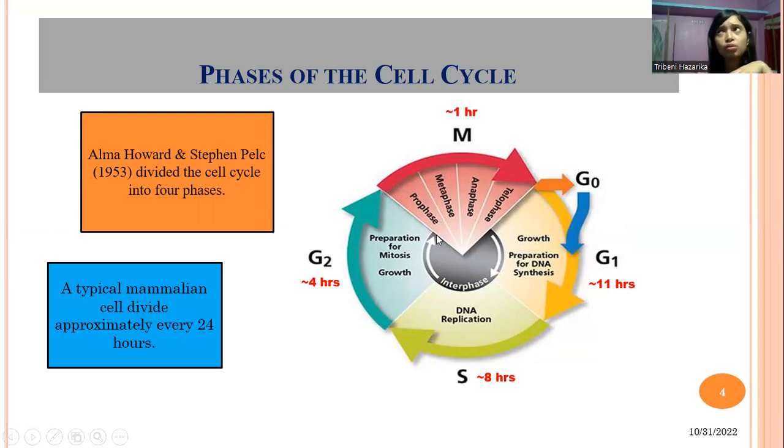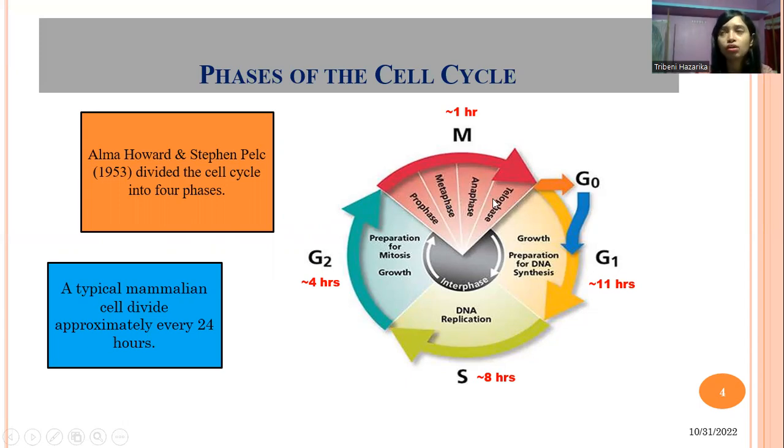If we observe under a microscope, the cell cycle consists of two basic parts: the non-dividing part called the interphase, which consists of 95% of the cell cycle and includes the events of the G1 phase, S phase, and G2 phase, and the dividing part, which includes all the events of the M phase, that is the mitotic phase: prophase, metaphase, anaphase, and telophase.